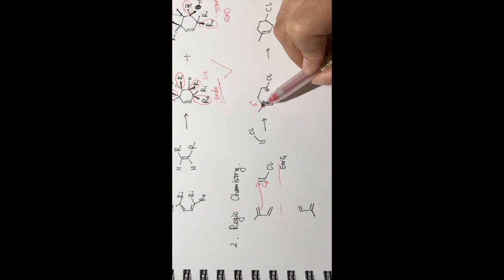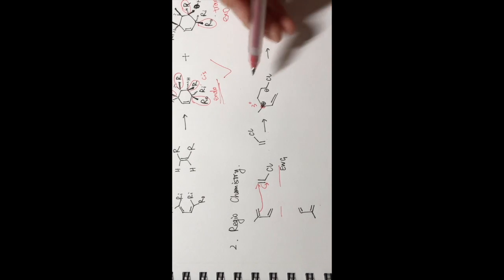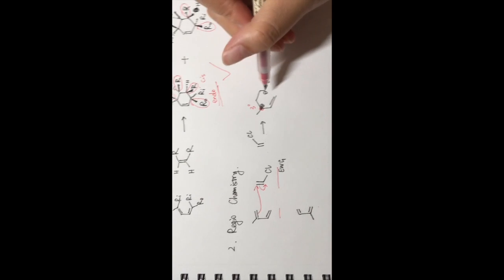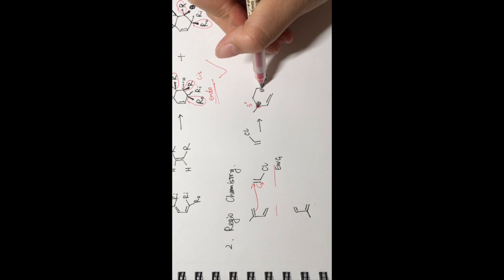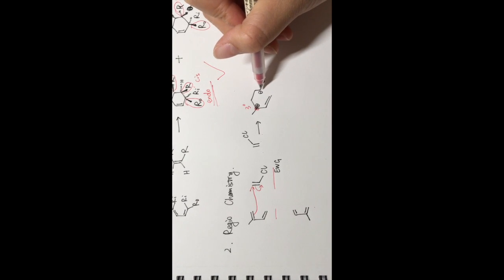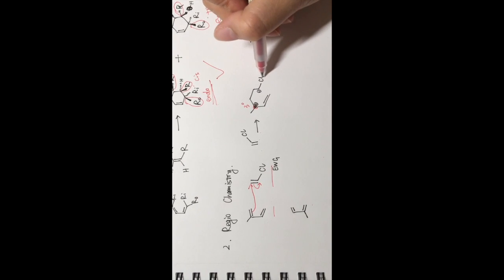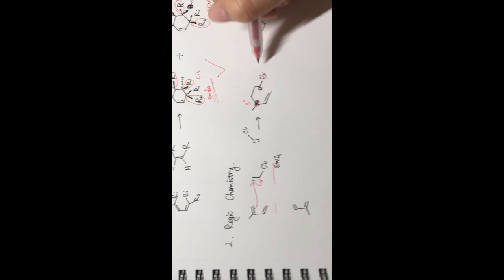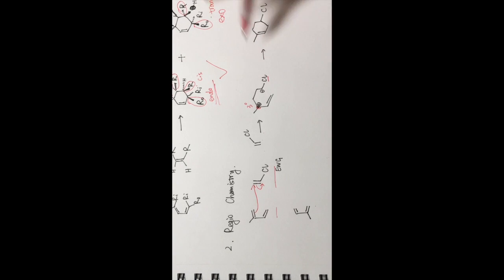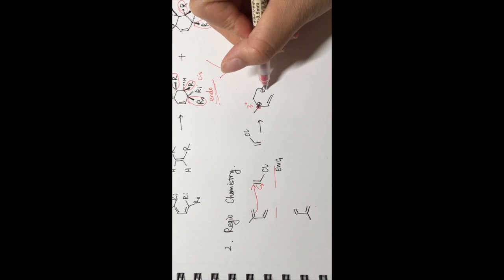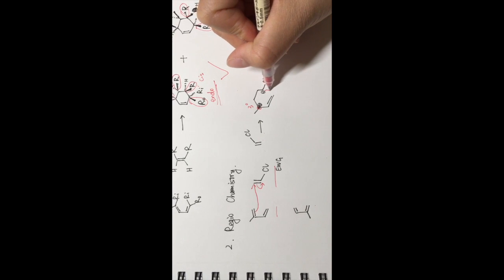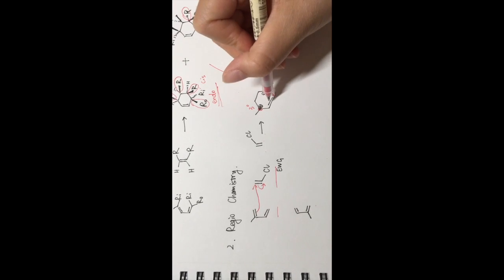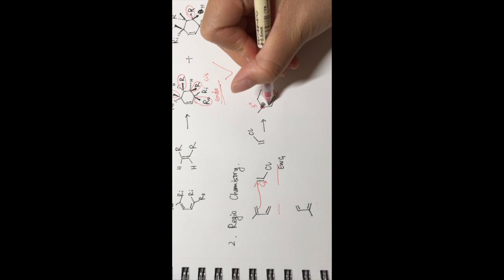It is very favored, very stable, and also you will have a negative charge here on this carbon. And since this is an electron withdrawing group, it would be favored. So this would be pretty nice. And then next step, you just use this to attack this carbon, and the double bond attack here, you would have the product.